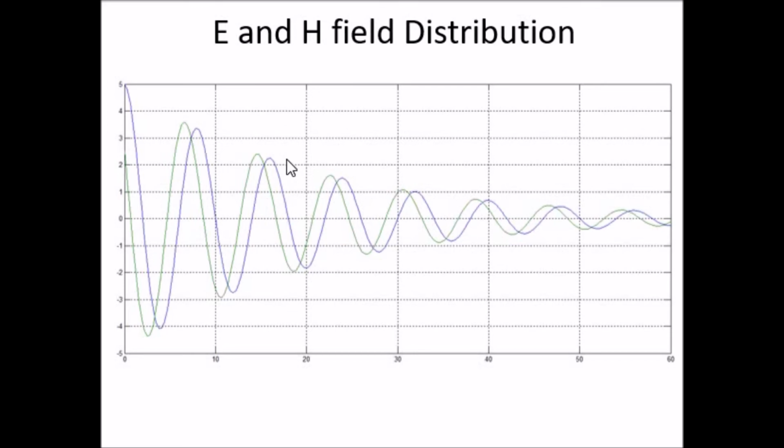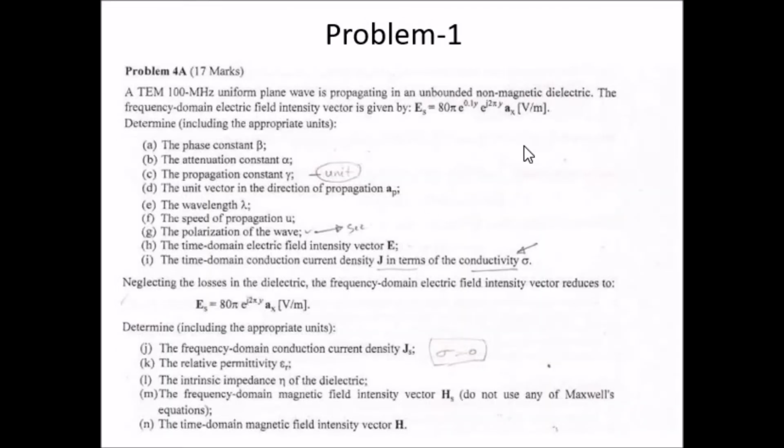Therefore, there will be a phase angle between voltage and current, in this case between electric field and magnetic field, and this phase angle is called the power factor angle that you have learned before. But in this course, we call it the loss tangent, which has the same meaning.